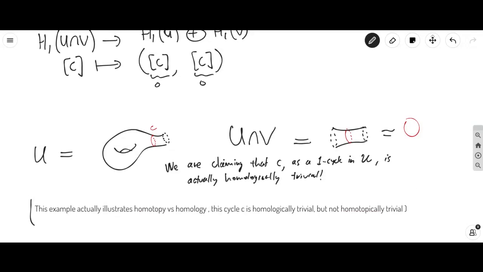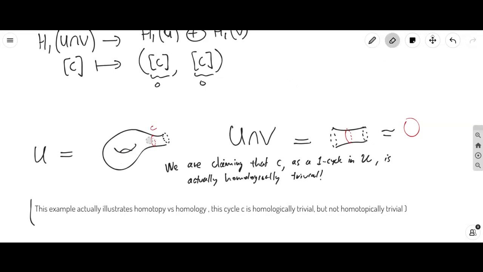Being homotopically trivial is a stronger condition than being homologically trivial. Actually, if you think back to the Hurewicz isomorphism, we've made that observation. We saw that if two one-cycles can be homotoped, then they are homologically the same. This is what made the Hurewicz homomorphism a well-defined homomorphism, because two things being homotopically the same is a stronger condition than being homologically the same.